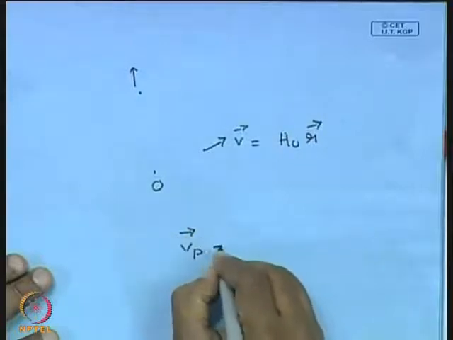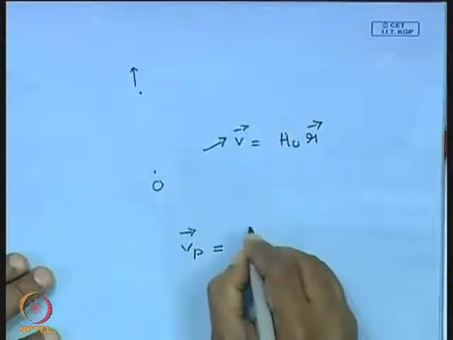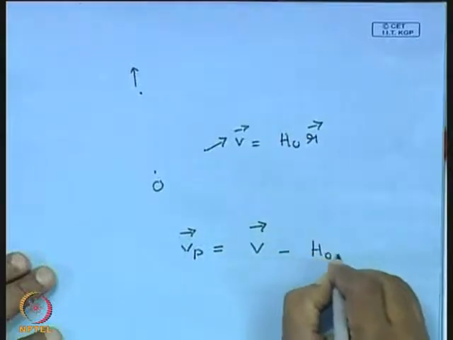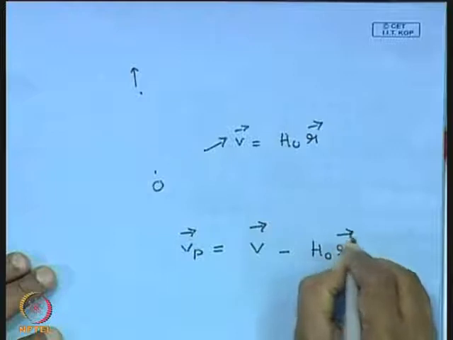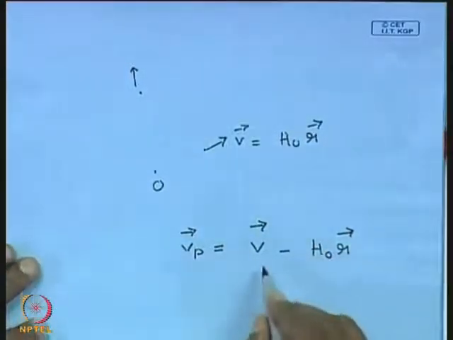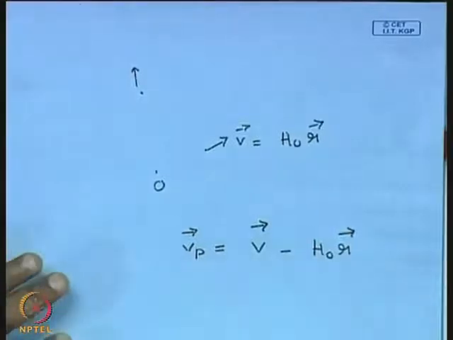So, peculiar velocity is by definition the actual velocity of a galaxy minus what you expect from the Hubble law. This definition is in the nearby universe. Further away, it gets slightly modified, but it is essentially this. It is the deviation from the Hubble expansion.